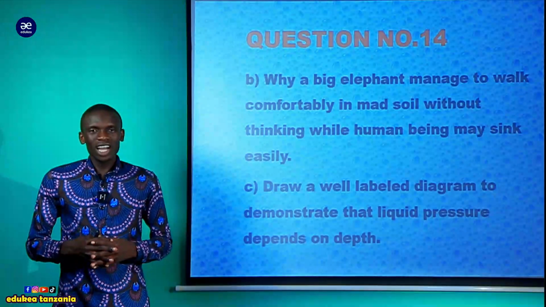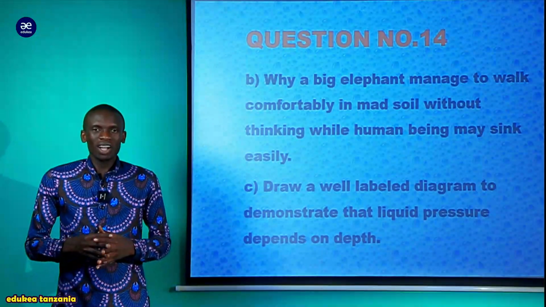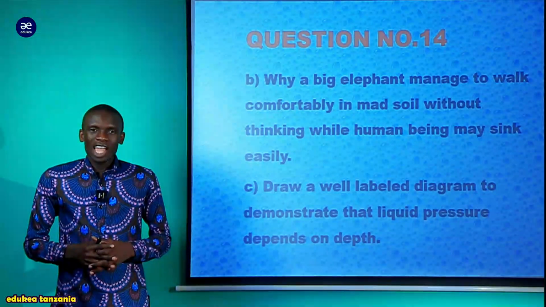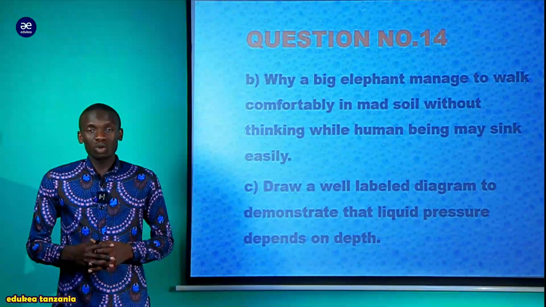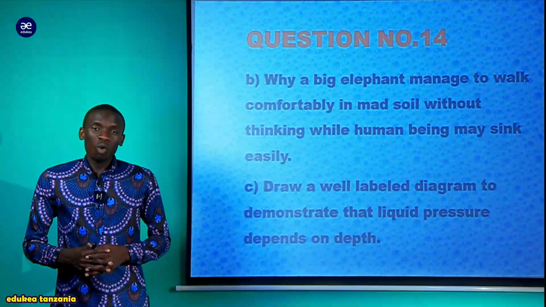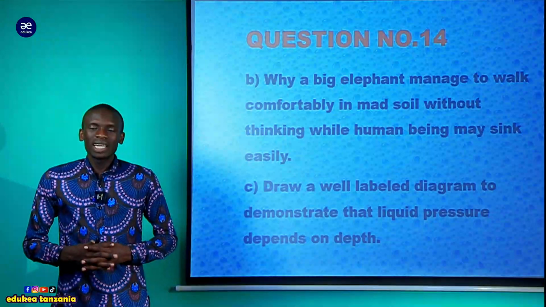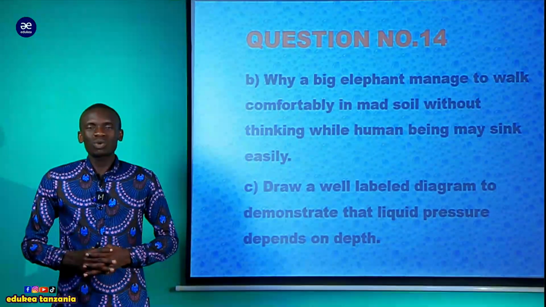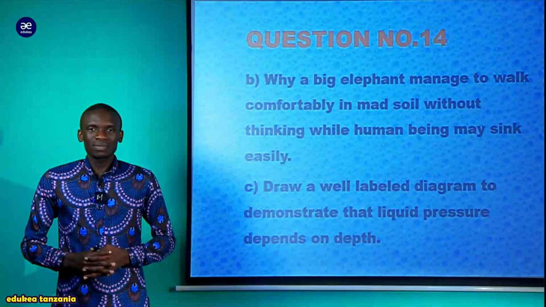Binadamu ni mwepesi sana, ni mtu wa kawaida, lakini ukipita kwenye udongo wa tope, unazama. Lakini tembo na uzito wake wote anaweza kupita kwenye tope na asizame. Swali linauliza why?